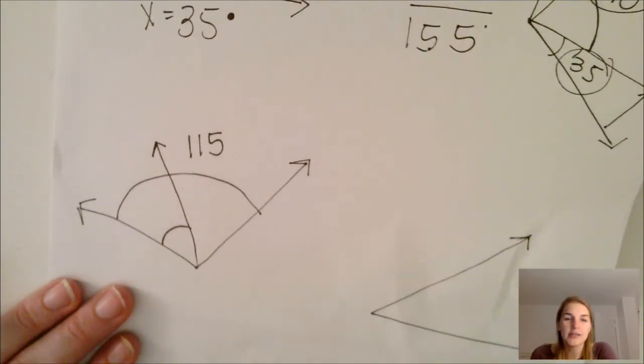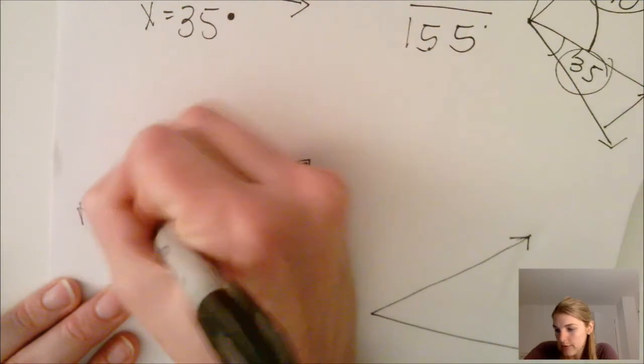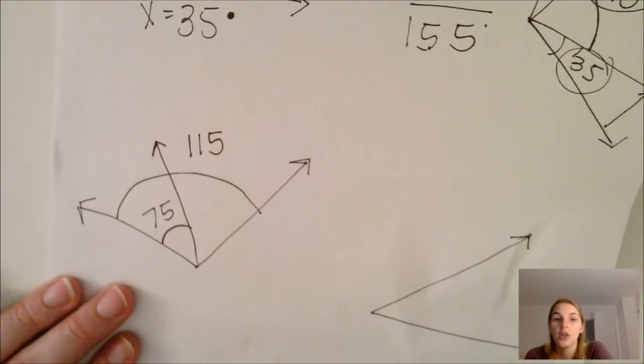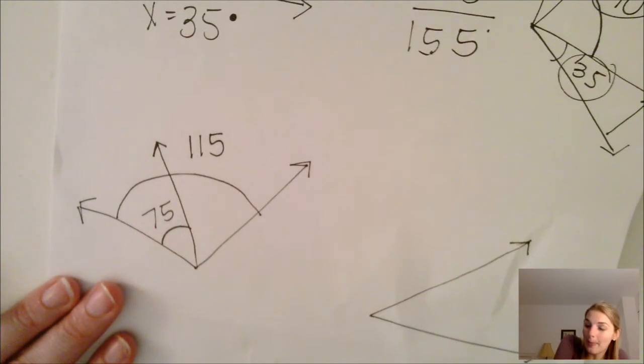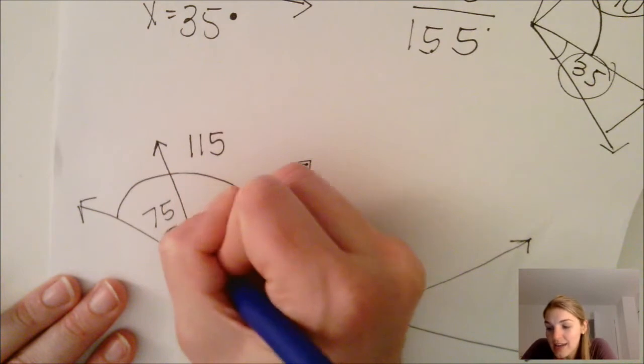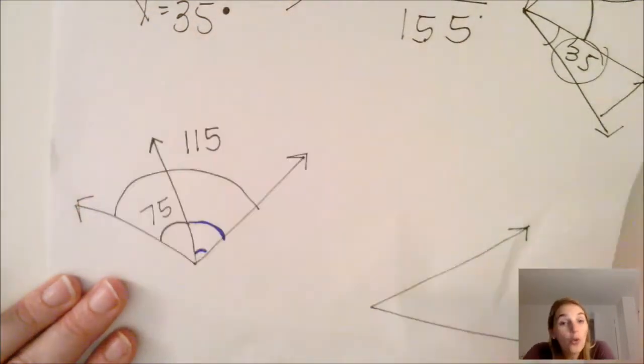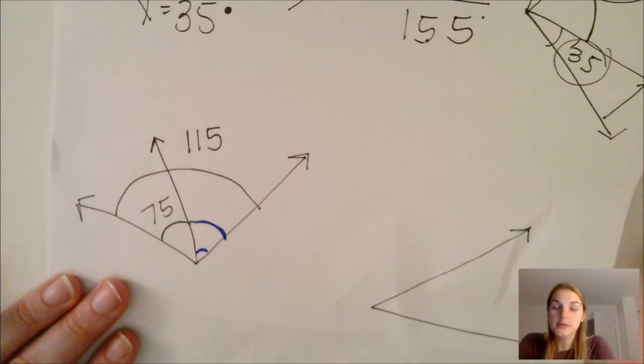And let's say it also gives us this other angle of 75 degrees. So now we need to figure out what this angle is right in here. Because if this is 75 and the whole thing is 115, all we have to do is subtract.